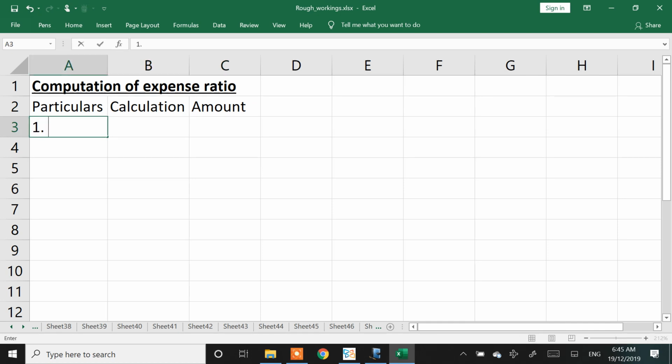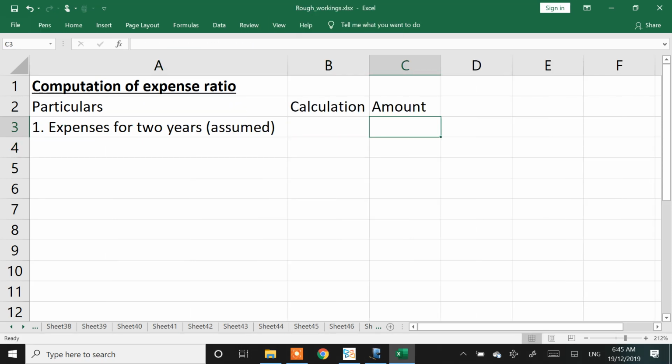Point number 1, expenses for 2 years, in brackets assumed. Whatever is given in the problem is for a 2-year period. Expenses for 2 years.